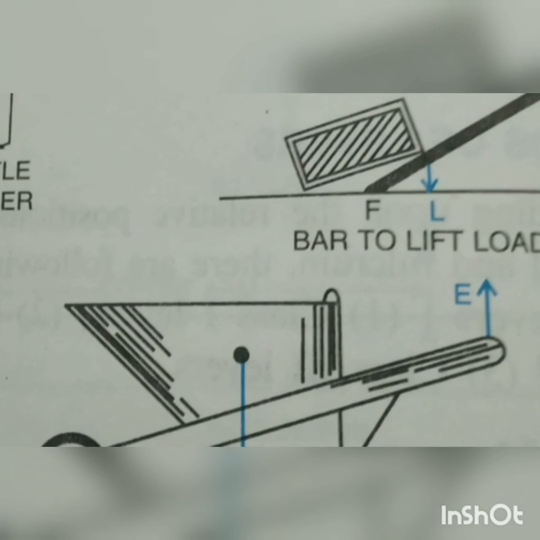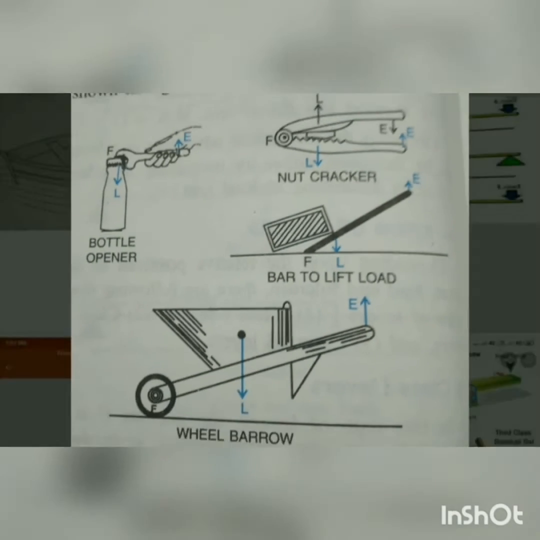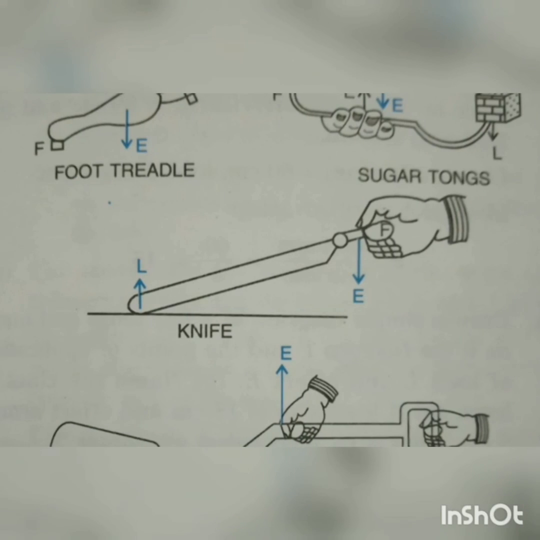Okay. In class 3 lever, in this type of lever, the effort arm is always smaller than the load arm. Then MA is less than 1. And if MA is less than 1, that acts as a speed multiplier or gain in speed. Examples for this are foot pedal, sugar tong, knife, and spade lifting a load.